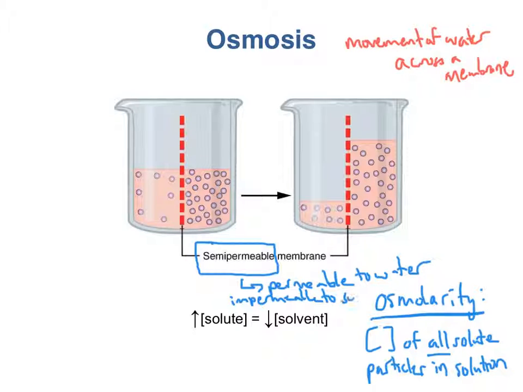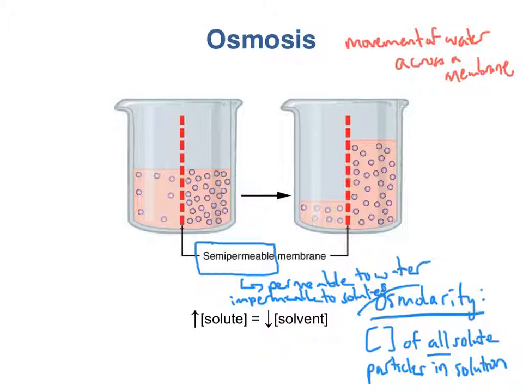So the solute molecules cannot cross that membrane. If the solute molecules could cross that membrane, you'd just have diffusion. You wouldn't have osmosis. It'd be the solute molecules redistributing themselves. But if the solute molecules can't cross, but water can, it's the water that redistributes itself.